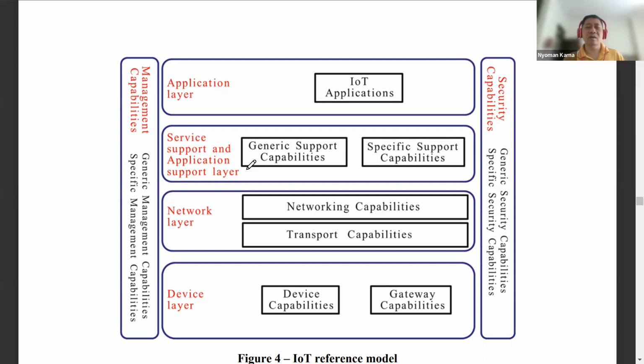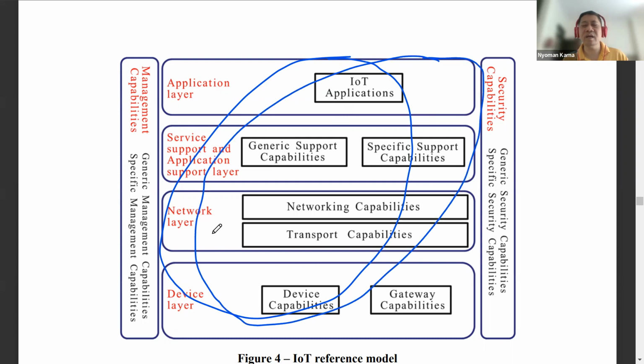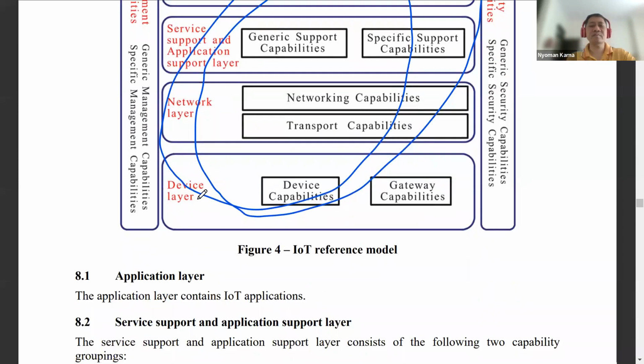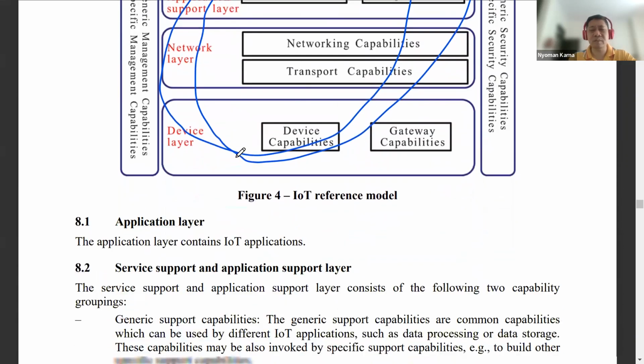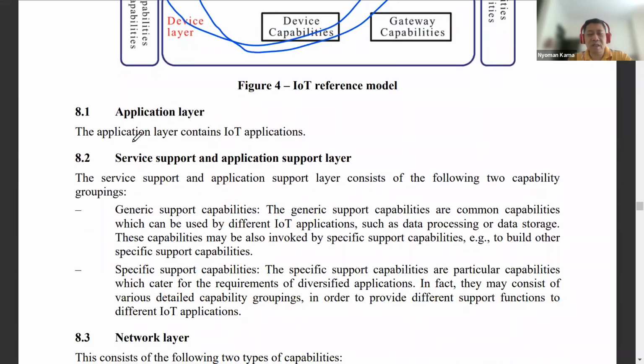For example, we could have all of these 4 layers in the IoT device. Or maybe we can have all of these 4 layers in the IoT platform. Could be. So don't think about, oh, this one is the IoT device, this is the network, this is the IoT platform, etc. No, not something like that. The application layer contains the IoT application. It could be data processing.